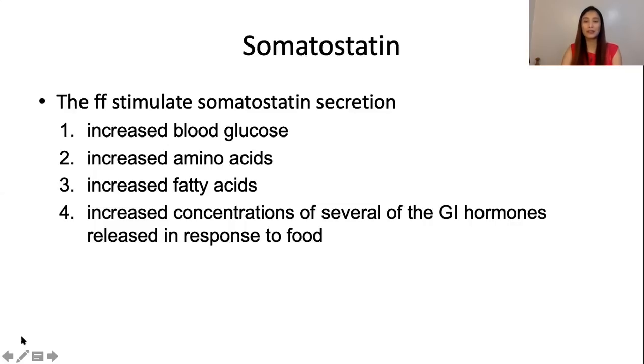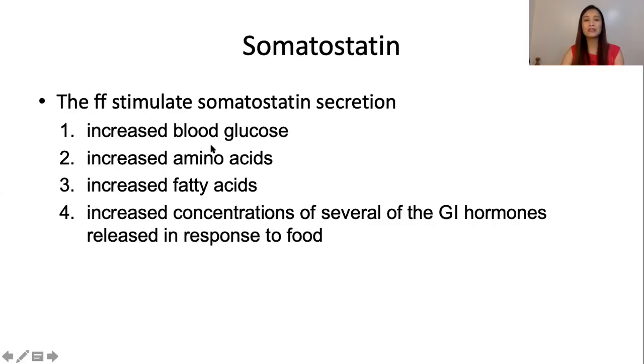So what are the factors that stimulate somatostatin secretion from your delta cell? Any increase in blood glucose, increase in amino acids, increase in free fatty acids, and increased concentrations of several of the GI hormones released in response to food, because the somatostatin acts to countercheck the secretion of insulin.